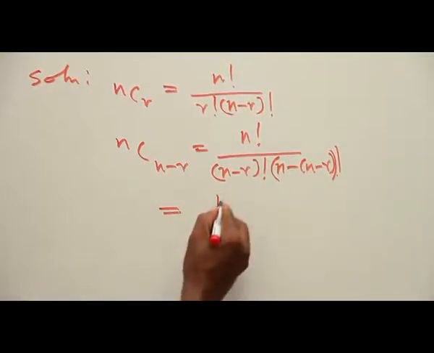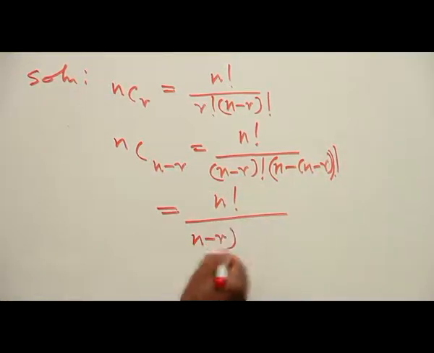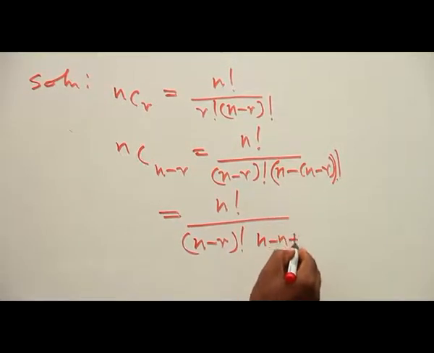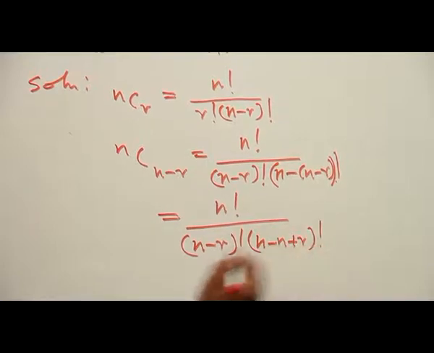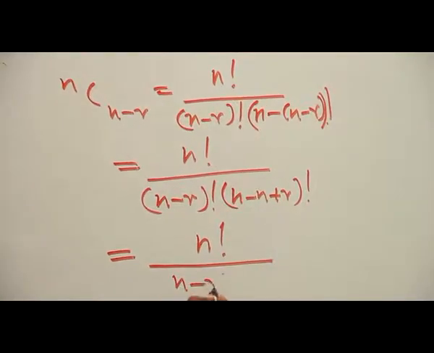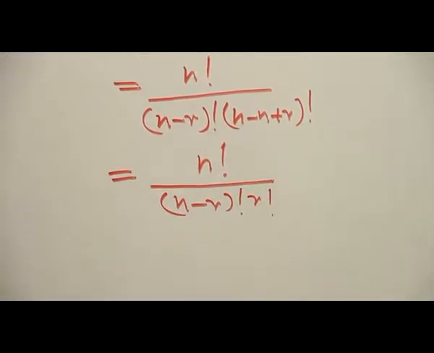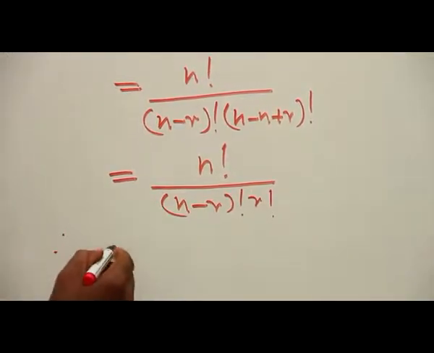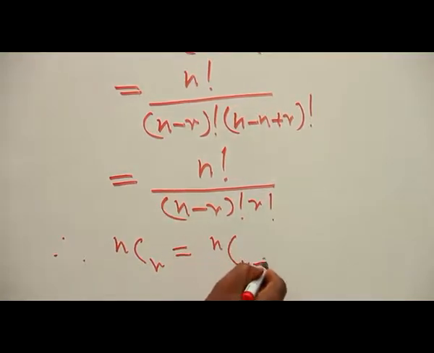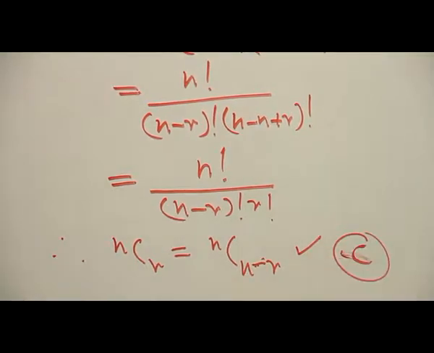Okay, let's simplify this: n factorial all over n minus R factorial, and then this becomes n minus n plus R factorial. Simplify to become n factorial all over n minus R factorial times R factorial. You now realize from what we have, therefore, nCR is equal to nC(n minus R). And that is the correct option. Option C is the correct one.